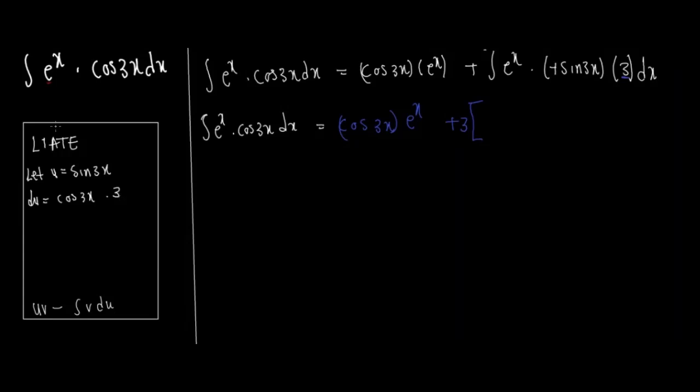And dv will be equal to e to the x dx. So you need to find v. This one will become e to the x. So now we need to apply the integration by parts formula here.